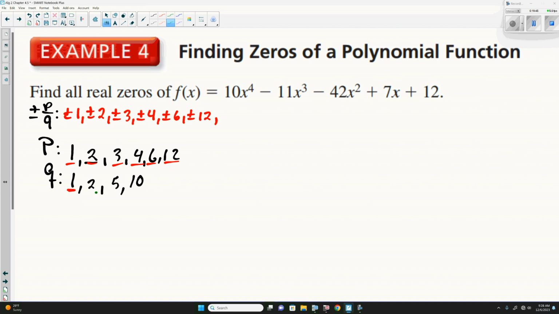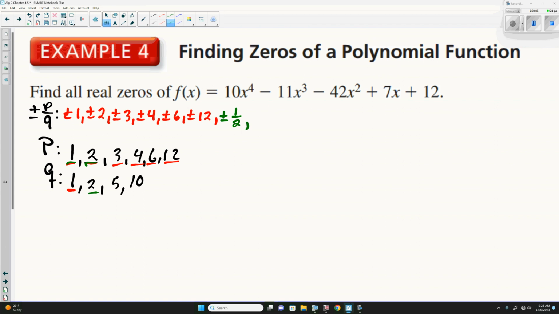And once I do that, then I'm going to move on to 2. So we'll put plus or minus. 1 divided by 2, or 1 over 2 is 1/2. Then we'll move to the next one, 2 over 2. 2 divided by 2 is, do we have it listed?